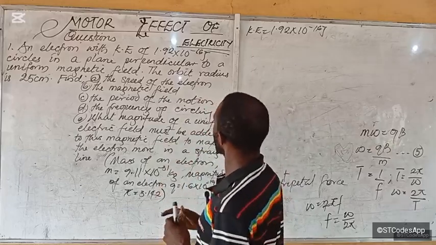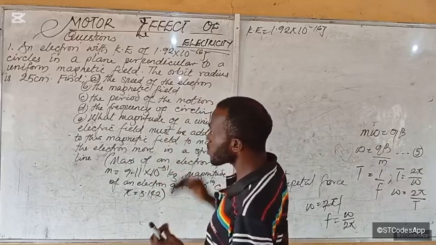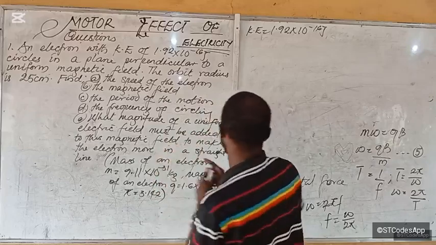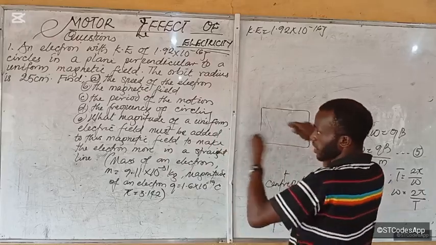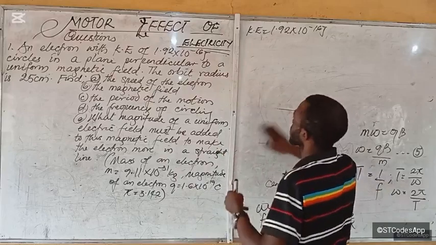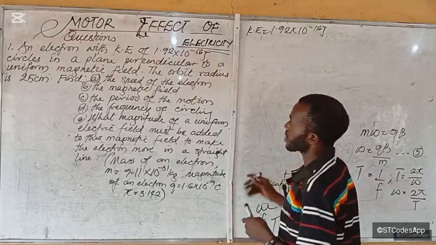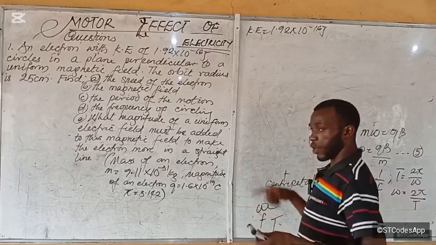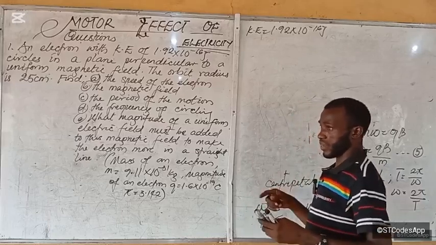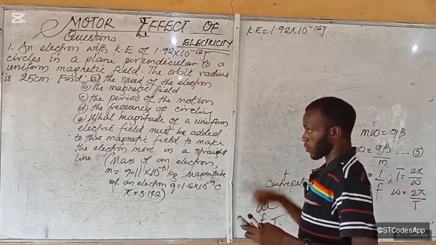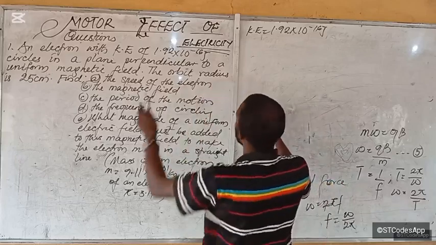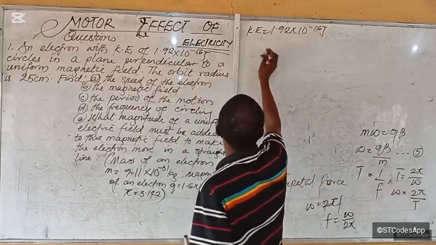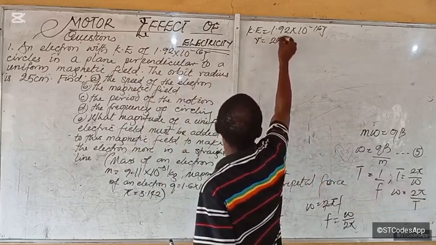The plane is perpendicular to the magnetic field, just like we had it there, entering into the board in our case. The orbit is the path taken by a particle. The orbit radius is 25 centimeters. So radius is equal to 25 centimeters.